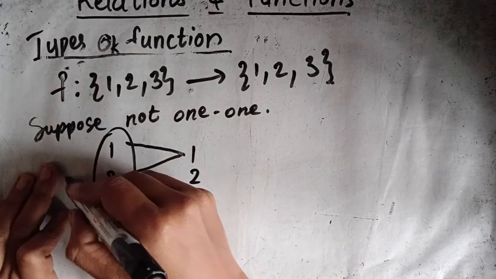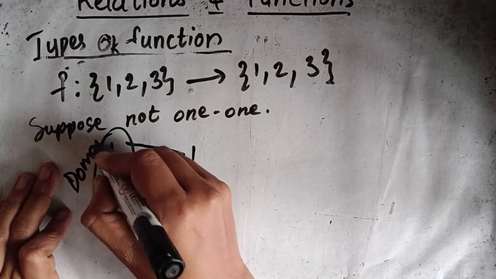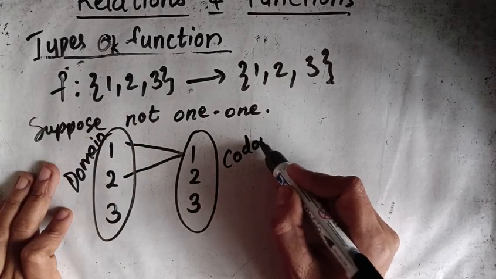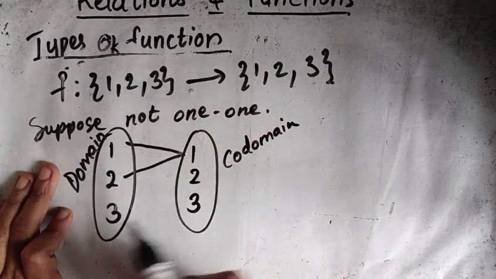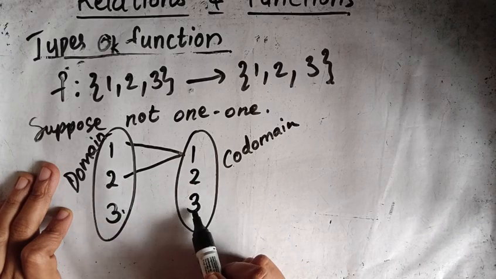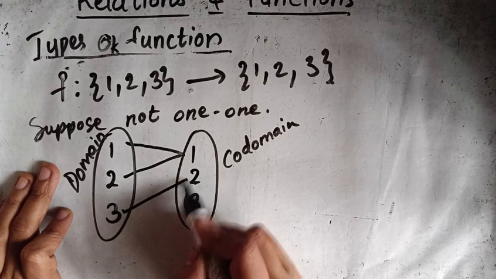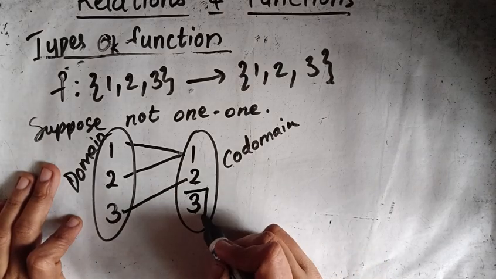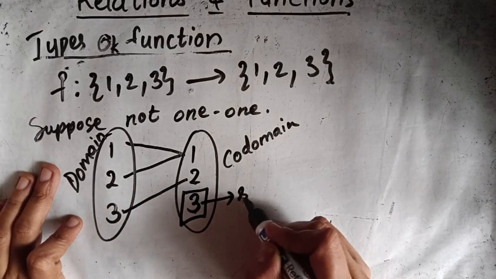This is your domain, this is your codomain. So 3 can be mapped to either 2 or 3. Okay, suppose it is mapped to 2, then this element remains.